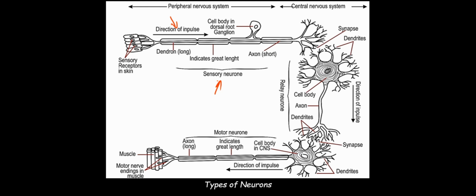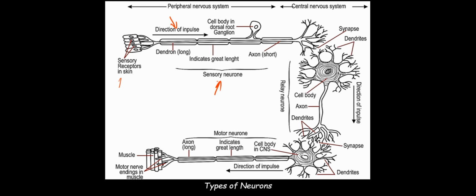We can see that the impulse is flowing from the sensory receptors in skin towards the central nervous system. The sensory neuron transmits impulse from the sensory cell towards the central nervous system. So that is the sensory neuron there that we have. All other parts that are labeled, we have spoken about them, including the axon, the cell body, and the dendron.